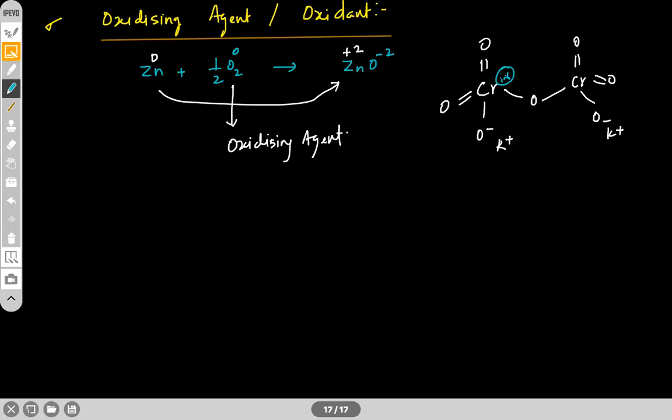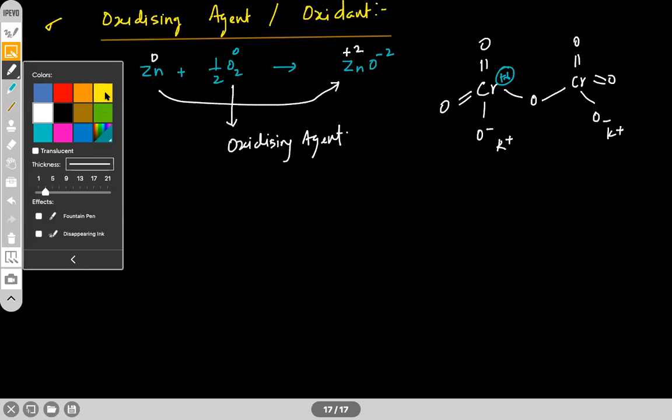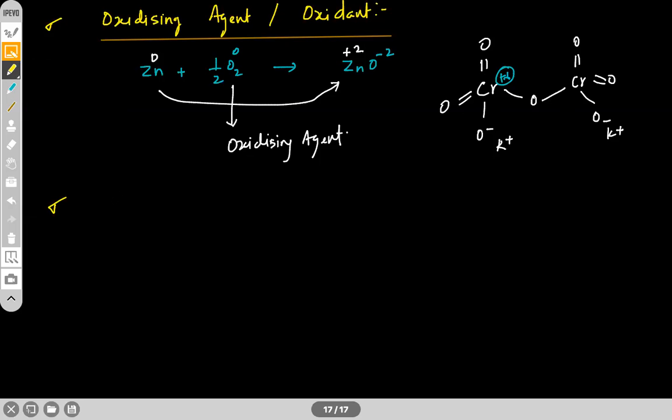Just reverse of this is reducing agent or reductant. Write down. Reducing agent or reductant.